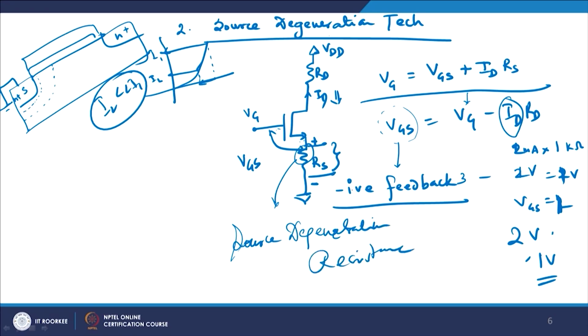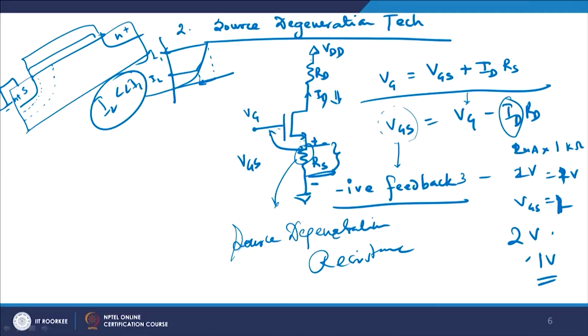The higher the value, the better the control is. Let us also understand the cost you pay for it. The cost you pay is that there is a voltage drop here, and this voltage drop can never be recovered, and therefore the overall leg room is affected. So you have a headroom and a leg room. Your headroom is basically, say your applied VDD is 5 volts.